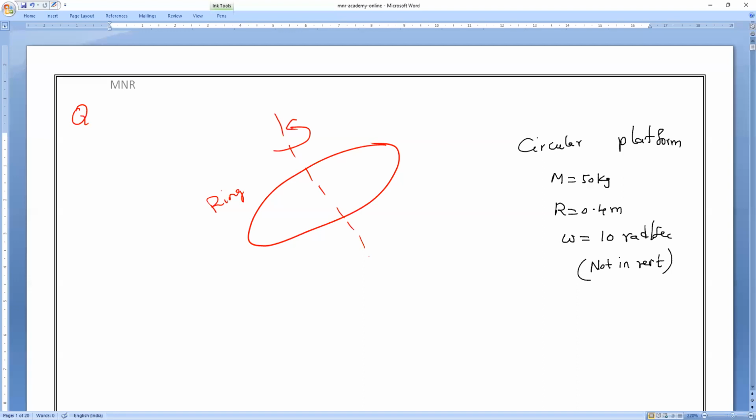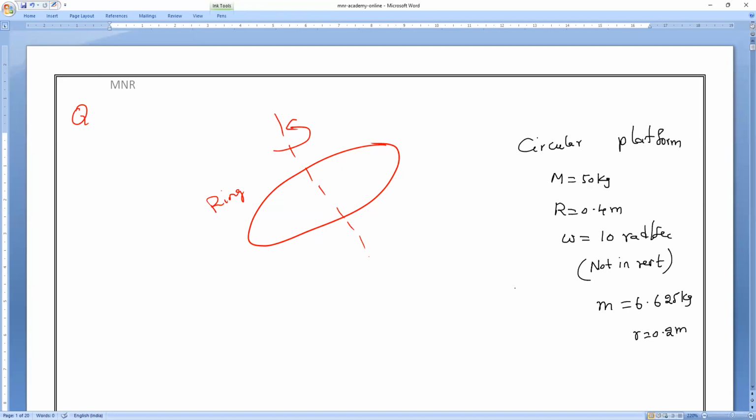Now, two circular rings, smoothly, actually, whose mass is m equal to 6.25 kg, r equal to 0.2 meters.